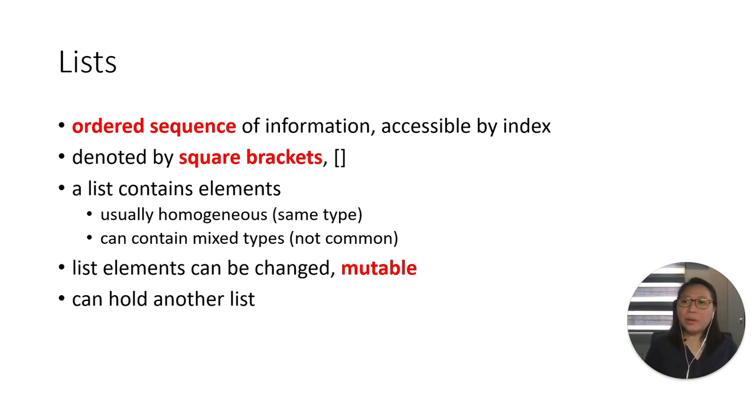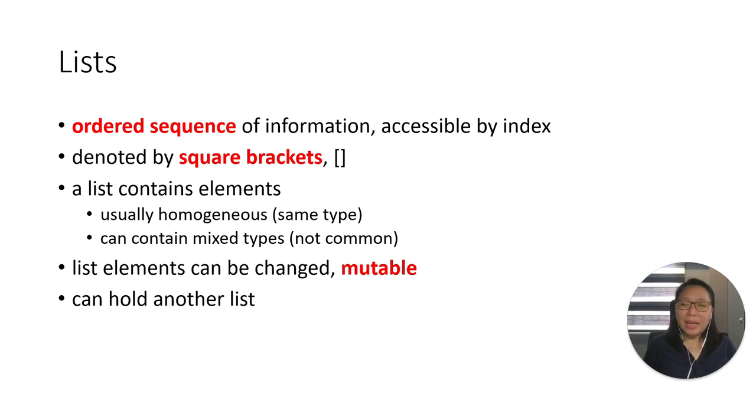Then we go to another built-in data structure in Python, which is list. It's also an ordered sequence of information, just like tuple, and it is denoted by square brackets, like this. To access the elements in the list, we also use indexing, and a list may contain elements that are of the same type.